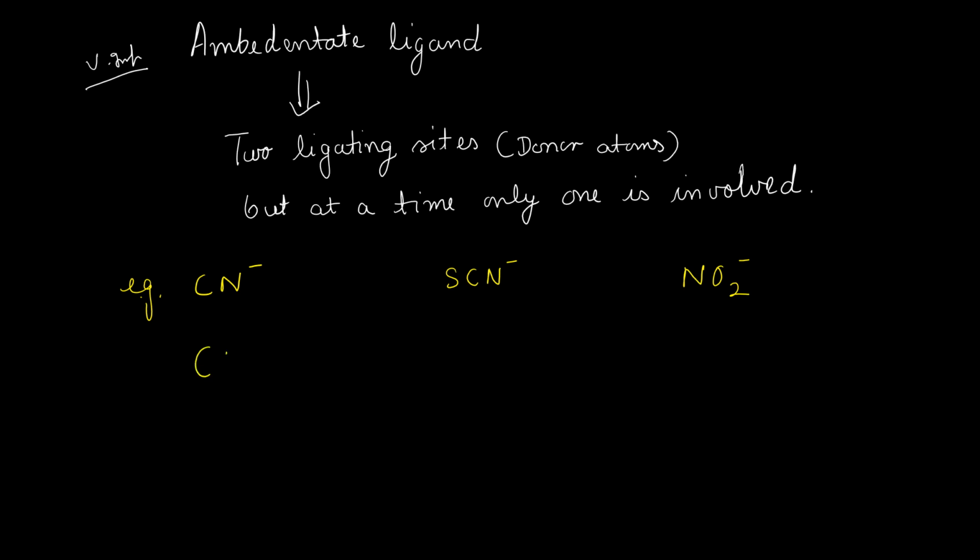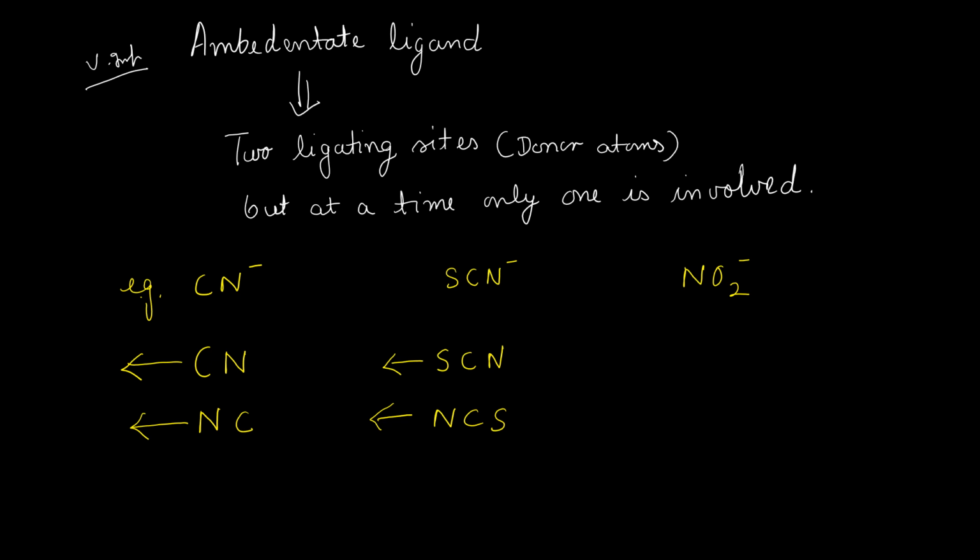It can either make a bond through carbon or through nitrogen. But both the atoms are not involved in bonding simultaneously. Similarly, in thiocyanate ion, sulfur can be involved in bonding like this, or N can be involved in bonding.